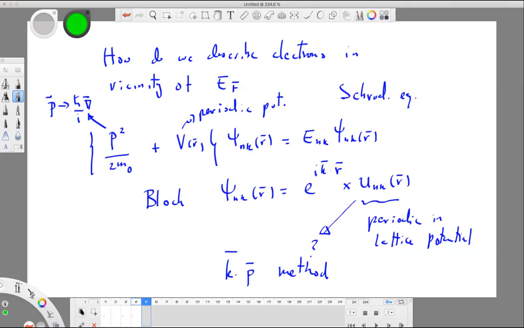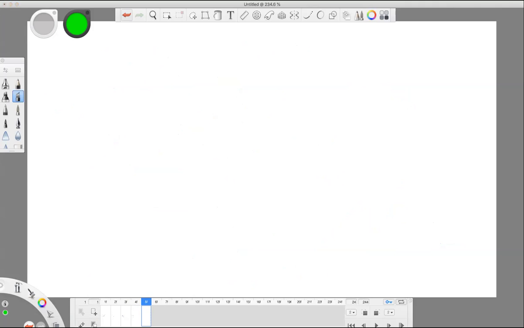So we're going to substitute this form into the Schrödinger equation and see what happens. We embrace the first quantization, which is substituting the momentum operator by its first quantized form.